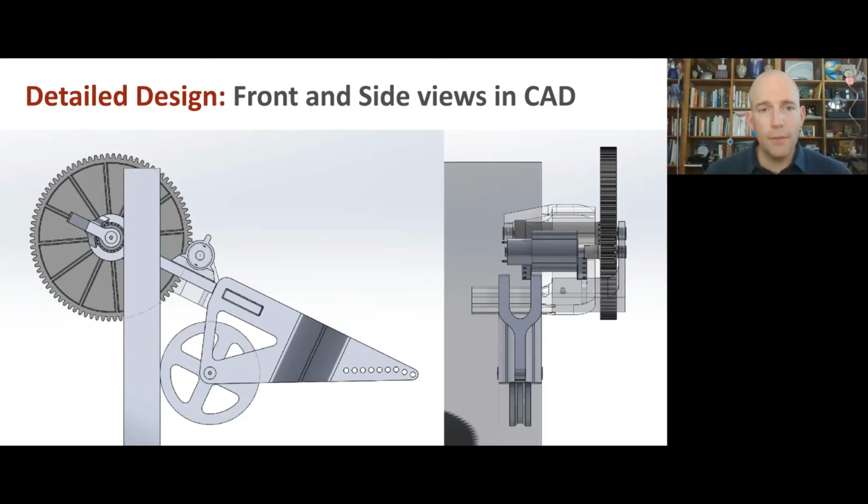You can see that all of our rotating members have simple support. So here is one bearing for the main drive gear and drive wheel, and over here is the other bearing, so on either side of the entire thing. Same thing with the gear that attaches to the motor shaft.